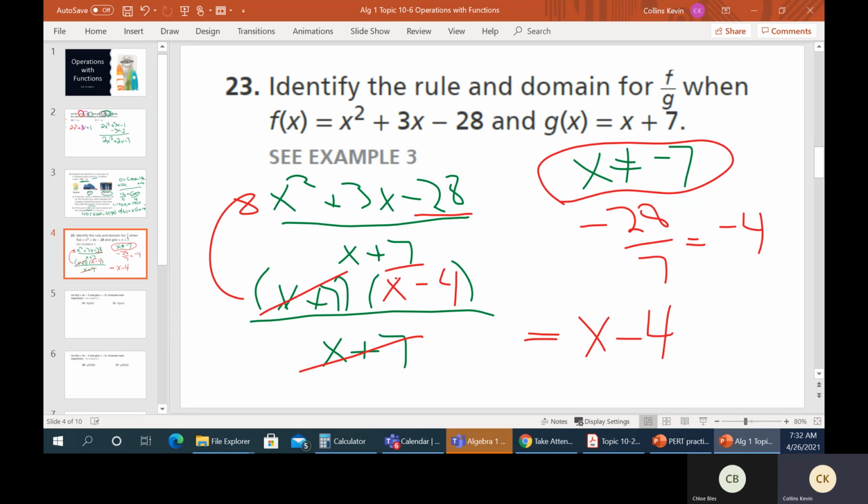So that just basically means in the original function, you couldn't use a -7. Okay, you have to keep that in mind. So that guy up there still stands, but we could still write our new rule as this. Well, like I said, I'm not going to bore you with all the details on that one. That's all we really need to know here.